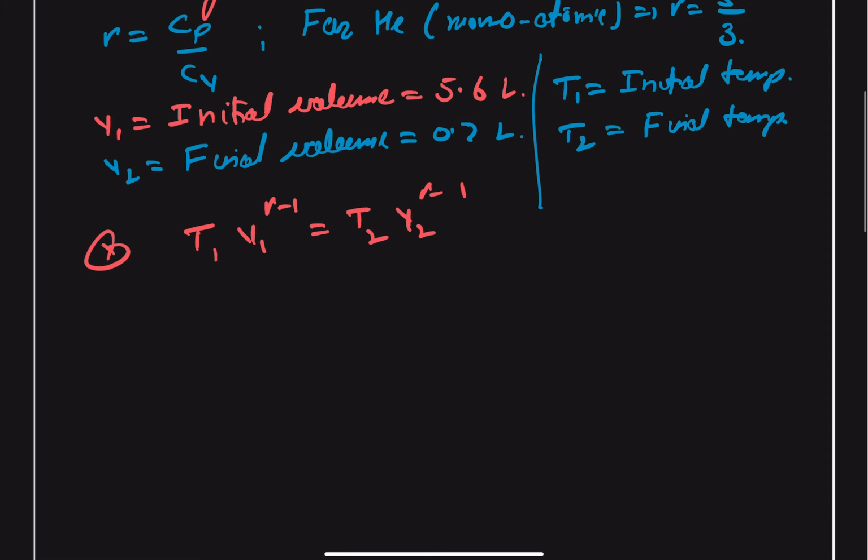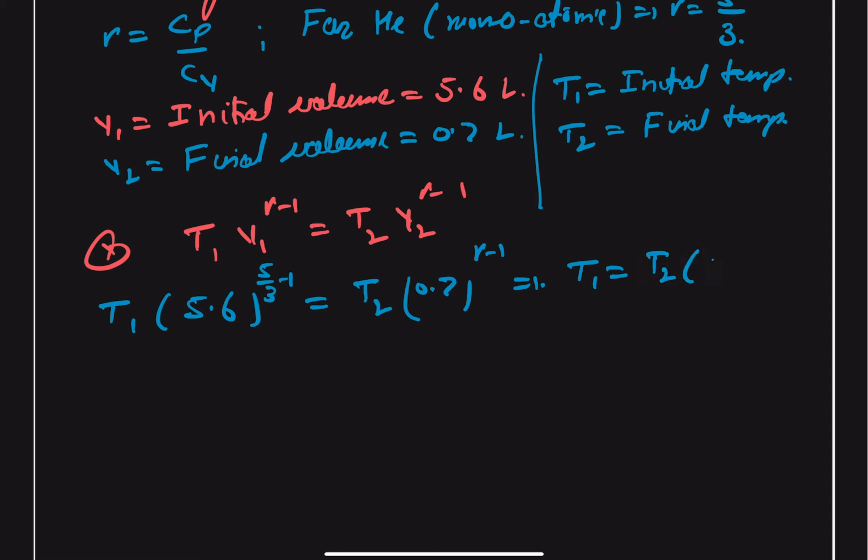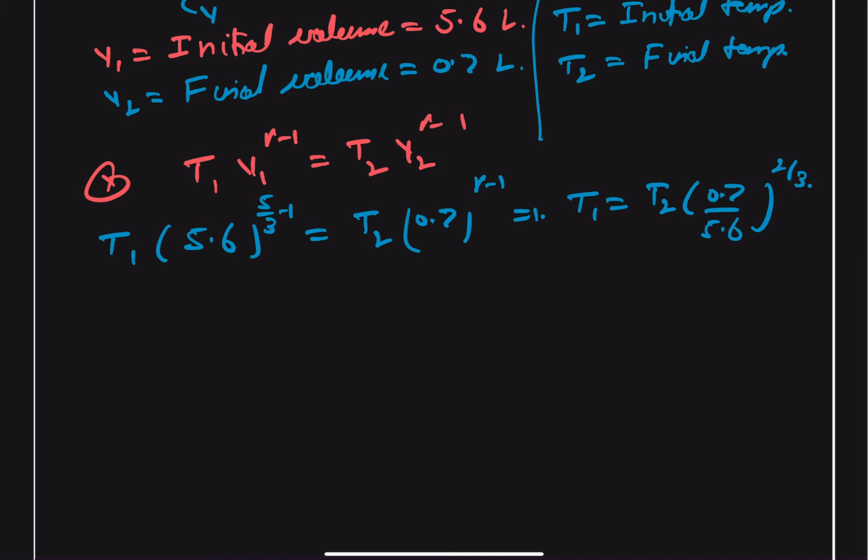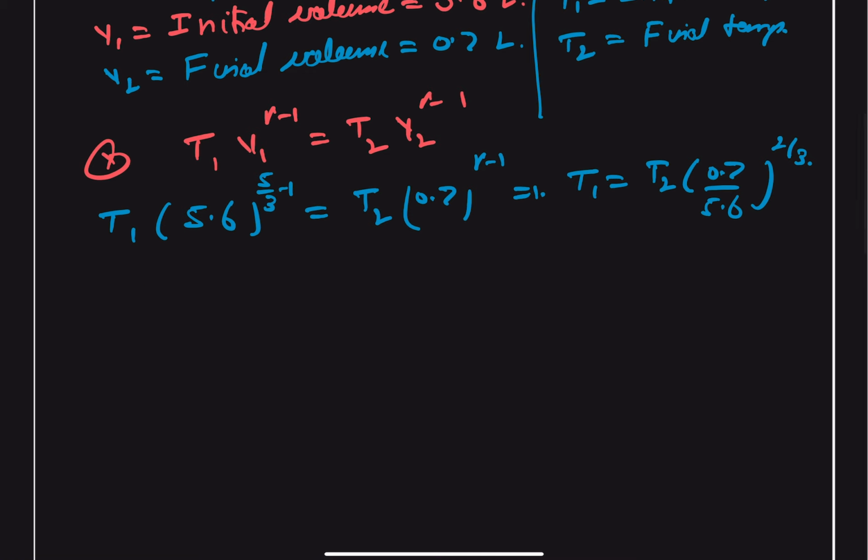So we substitute the values: T1 times 5.6, gamma is 5 by 3 minus 1, equals T2 times 0.7, gamma minus 1. So from here we can write that T1 will be equal to T2 times (0.7 divided by 5.6) whole raised to power 2 by 3. This gives us the relationship between T1 and T2, so T2 is equal to 4 times T1.